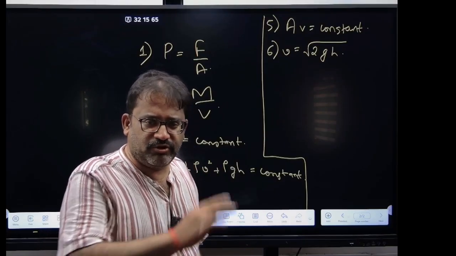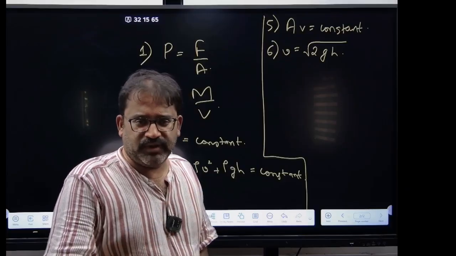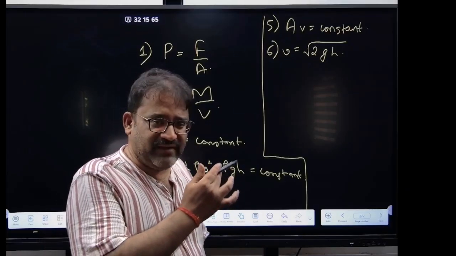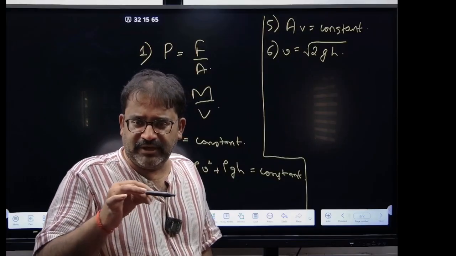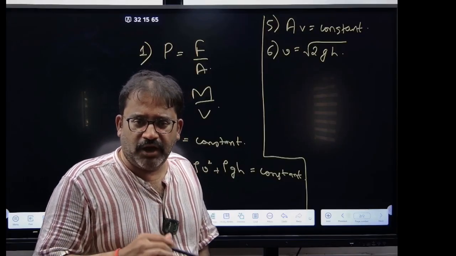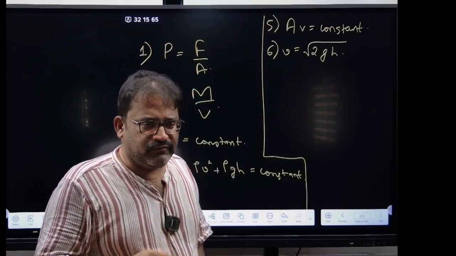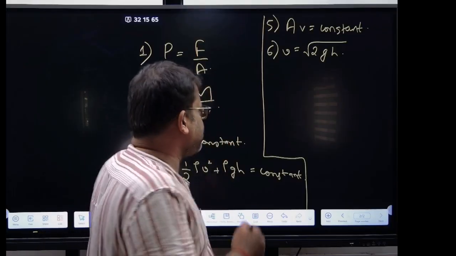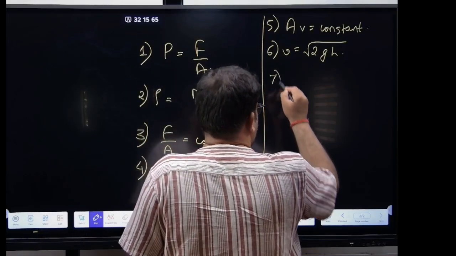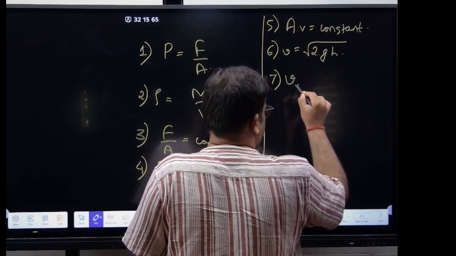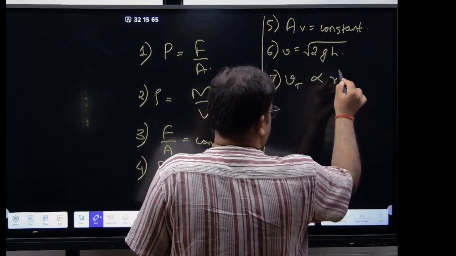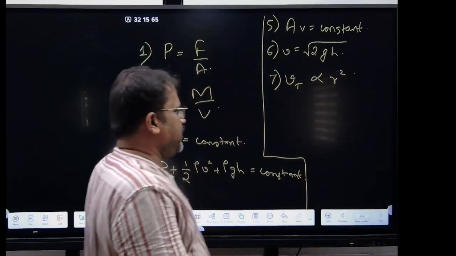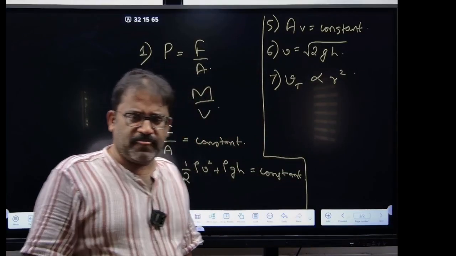That means V is equal to root of 2gh. That is called the velocity of efflux, and this statement is called Torricelli's theorem. Next, we have a relation between terminal velocity and radius given by Vt proportional to r square.